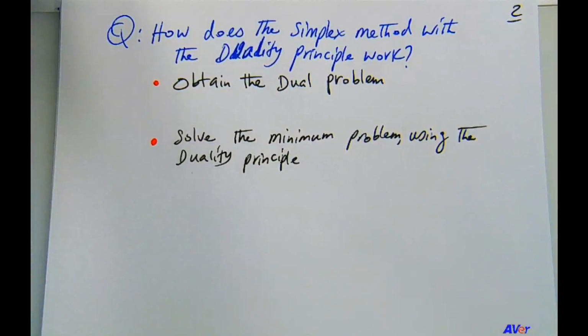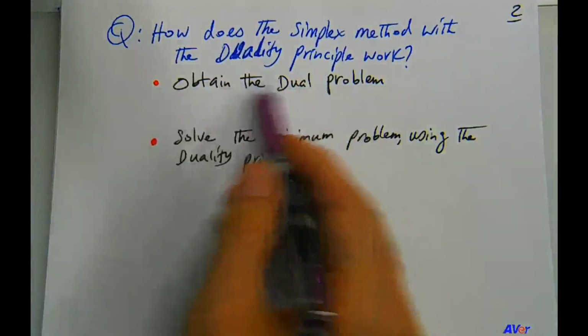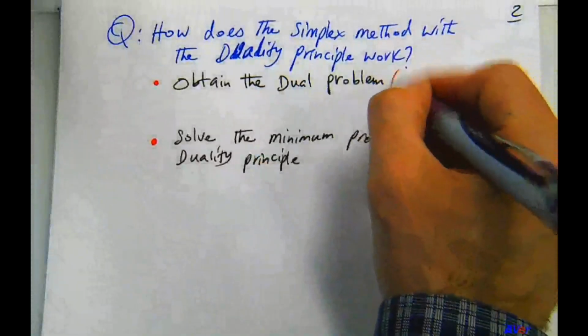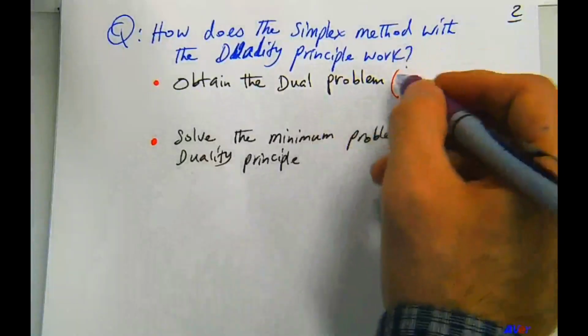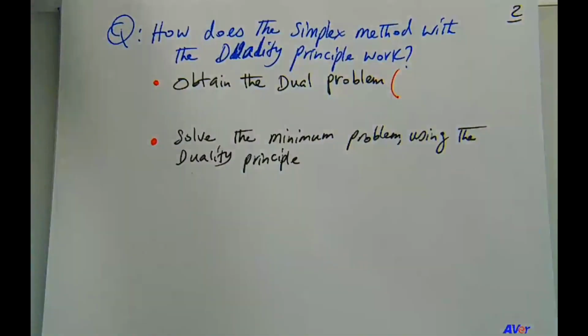So let me quickly add something very important to this. The dual problem is nothing more than an equivalent maximum problem. So originally we start with a minimum problem. We have to obtain the dual problem for that original minimum problem. What's a dual problem? It's a maximum problem that is equivalent to the original minimum problem.